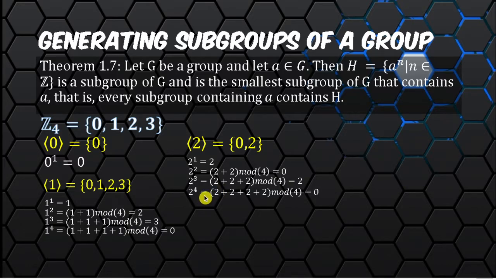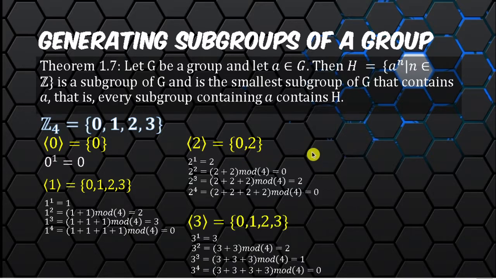And then 2 cubed, that's 8. No, it's not. It's 6. Modulo 4 gives us a remainder of 2. And then 2 raised to 4 will give us again 0. So if we list all the answers, there are only two elements of our subgroup, 0 and 2.